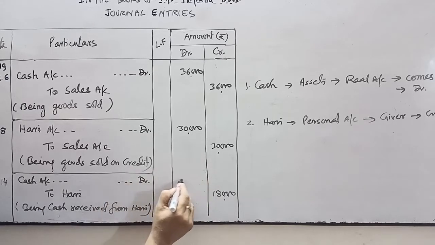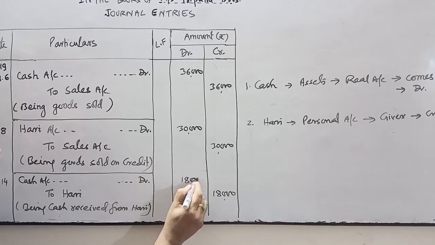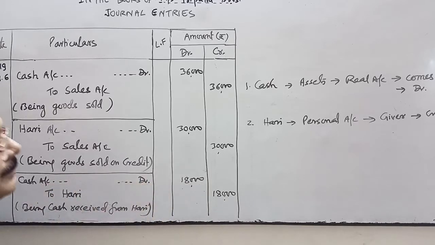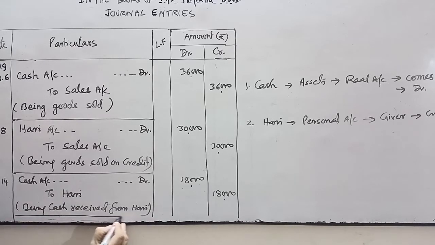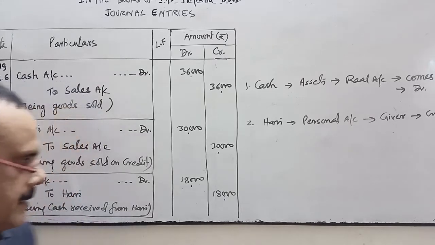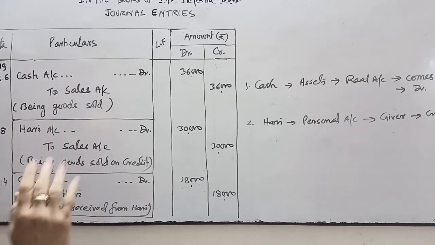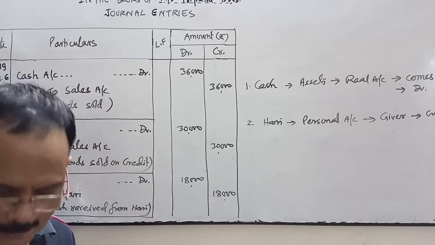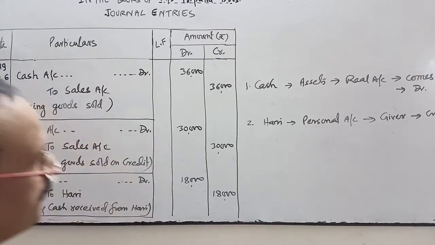Just straight to the debit side, just straight to the Hari account. And thereafter we will close this. So the transaction is over. This transaction is completed and properly recorded in the books of account.